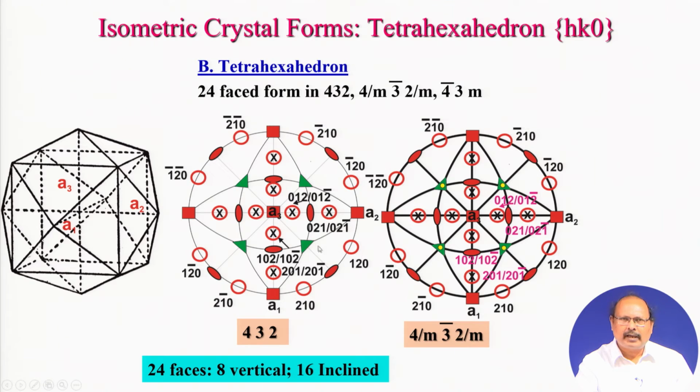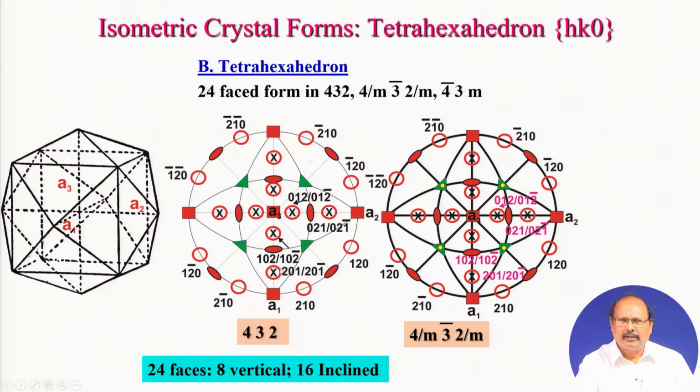As soon as you have this 120 here, immediately this particular face will be acted upon by this triad, and you will generate another open symbol here, and then this open symbol will be acted upon by this triad and generate this open symbol here.